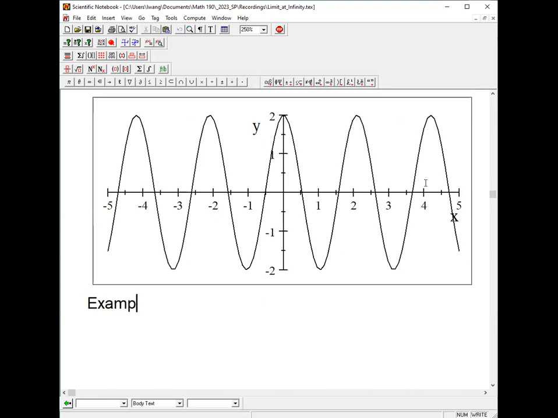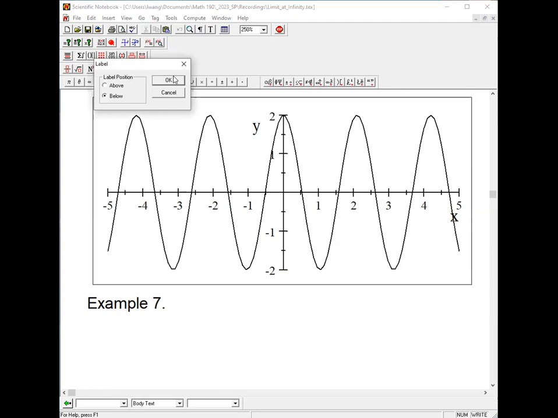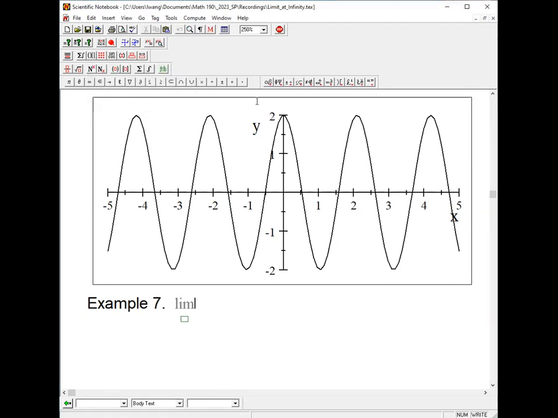So example number 7, I'm taking this limit. x is approaching positive infinity, and we've got an arctan of e to the power x. The parentheses are actually optional here.